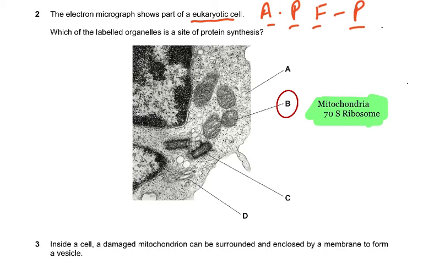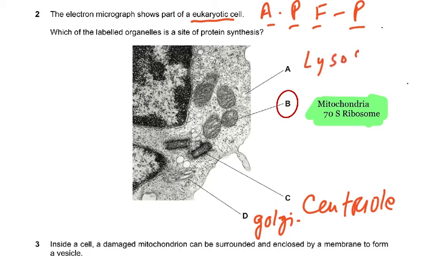Now, if you look at A, what is A? It looks like a lysosome. C is a centriole, and D looks like the Golgi apparatus. So if that is the Golgi, then what is A? A is lysosome. Now, what could be protein synthesis?